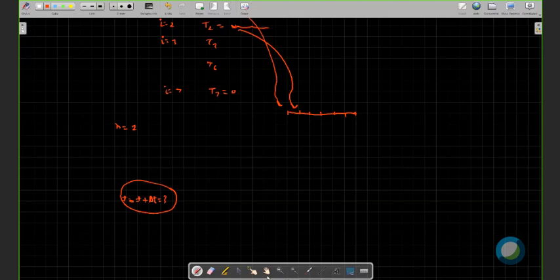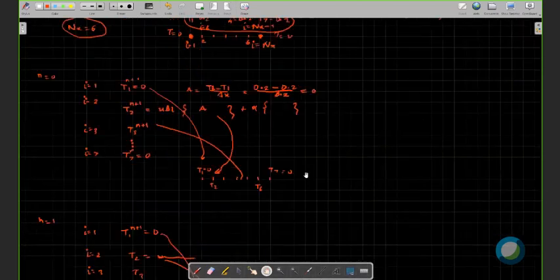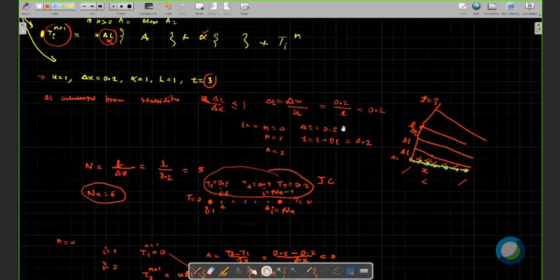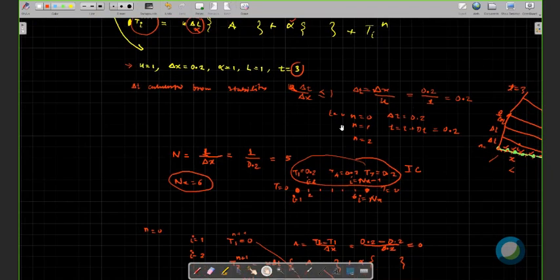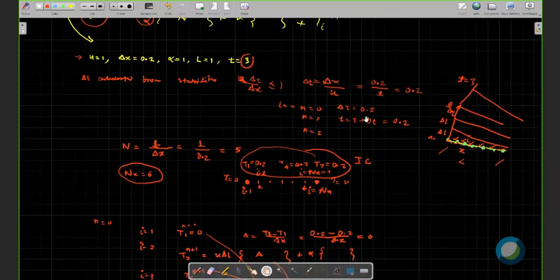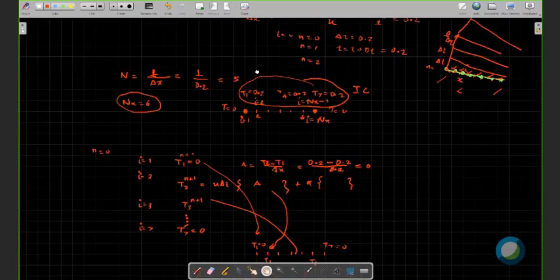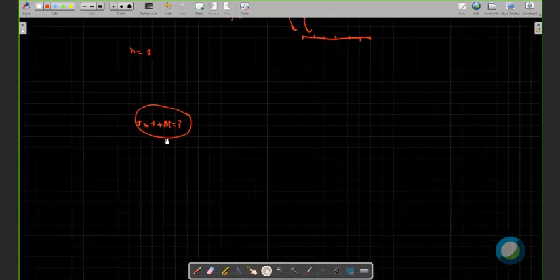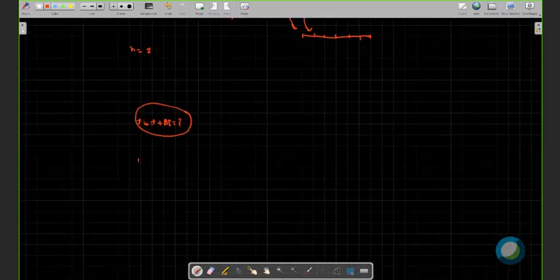According to the given problem, we may find that t is some value. T may be 5, 6, or so, and based on that you can find out how many n's will be required in order to reach t equal to 3. For that, you have to keep on doing, and finally you find that n is equal to 7 or 8 is the one for which you are going to get those delta t's.